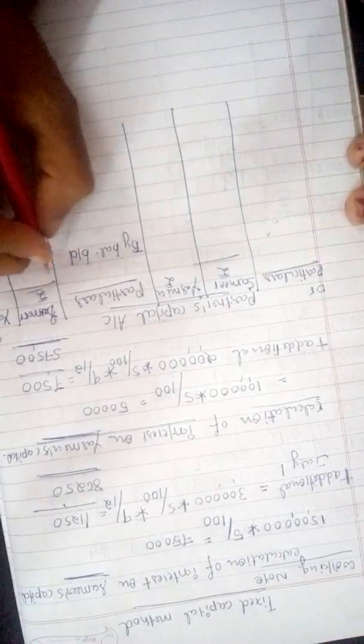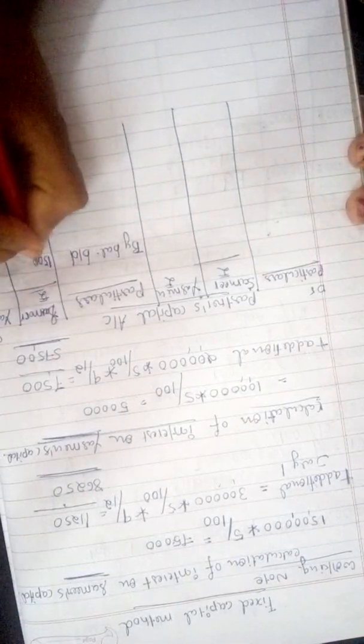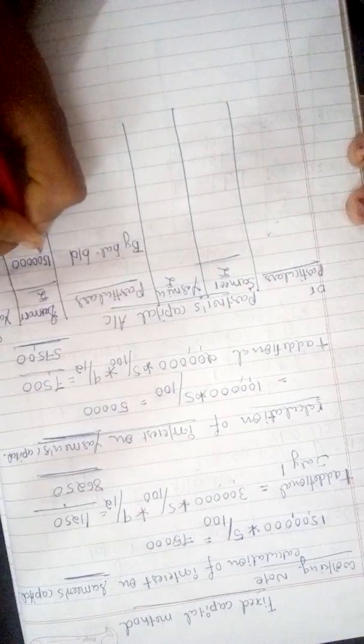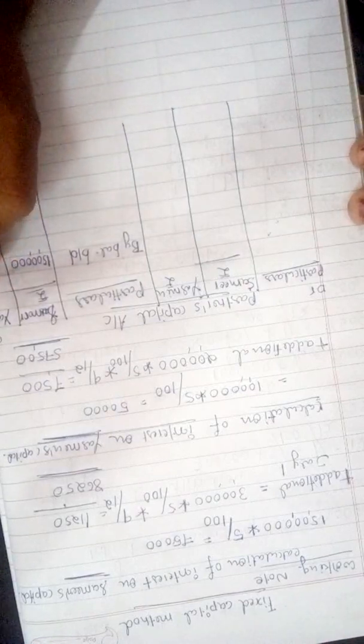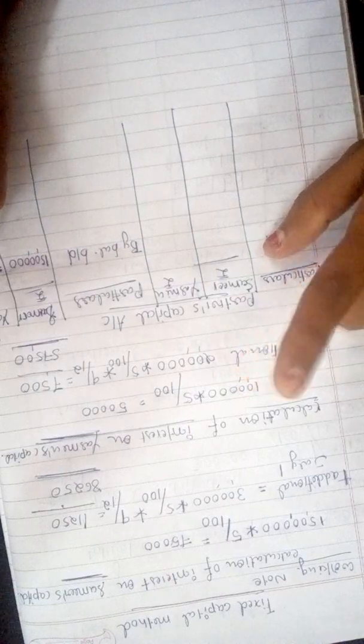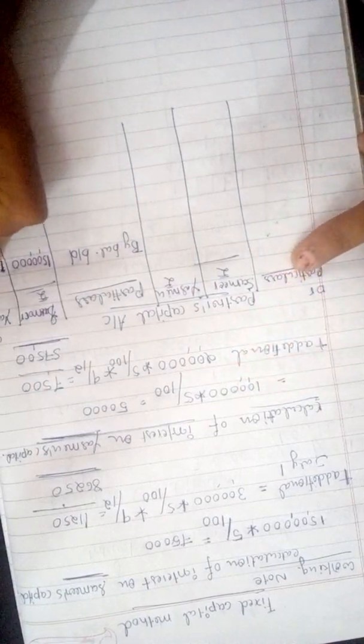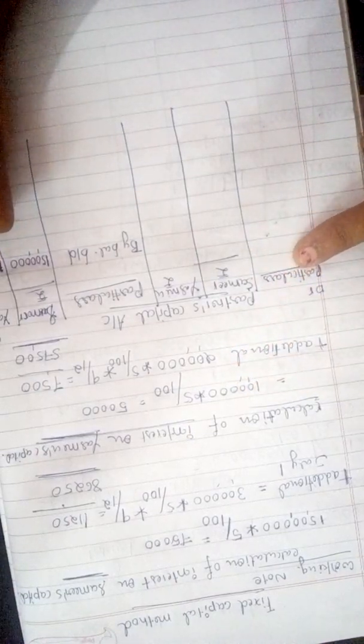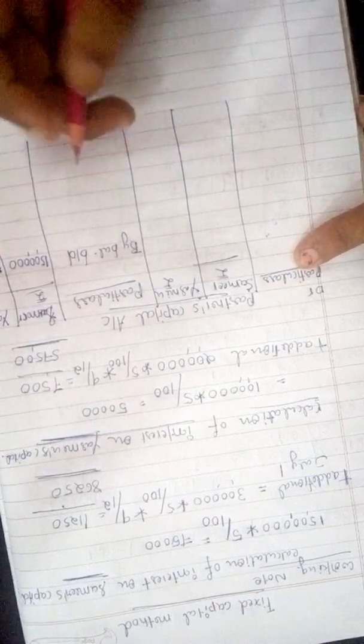Samir contributed 15 lakh, right? Write that. Then write Yasmin's contribution. Yasmin's initial contribution is 10 lakh. So 10 lakh is her contribution.